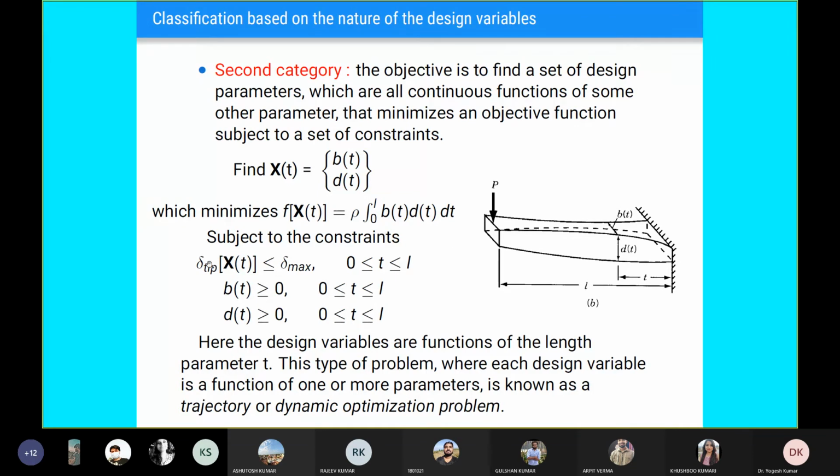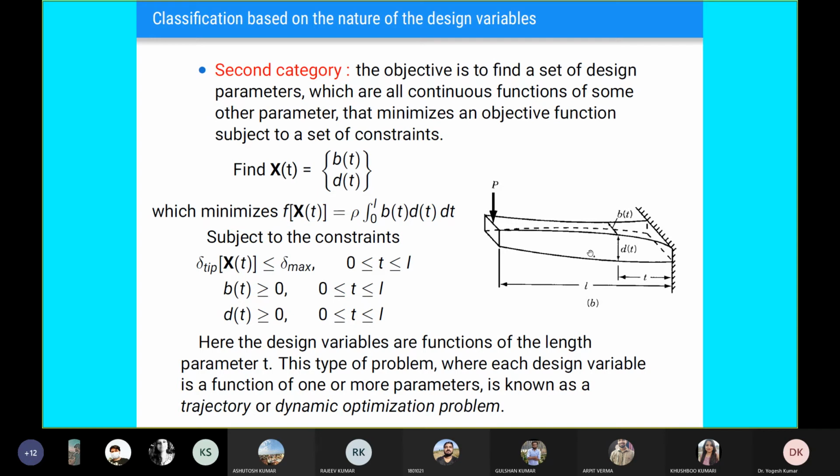The constraint is the deflection of the tip, which is also a function of x(t), because these are functions of t. This should be less than or equal to a certain predefined value delta max, where t will vary from 0 to L. Similarly, the width of your cantilever beam at any point should be greater than or equal to 0.